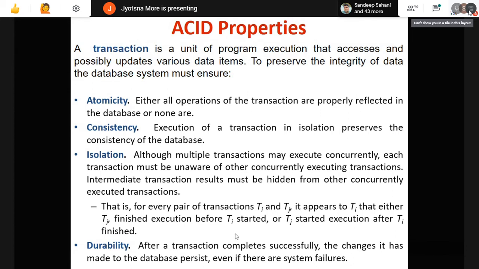Once the transaction is successfully executed, you have to commit that my transaction is completed, so it is done. Whether after that any crash occurs or a hardware problem occurs, my output is stored, so anytime you can recover up to that point. If something happens in between, then we know that it is not complete and it is lost. But once it is done, it is final, and it should remain.